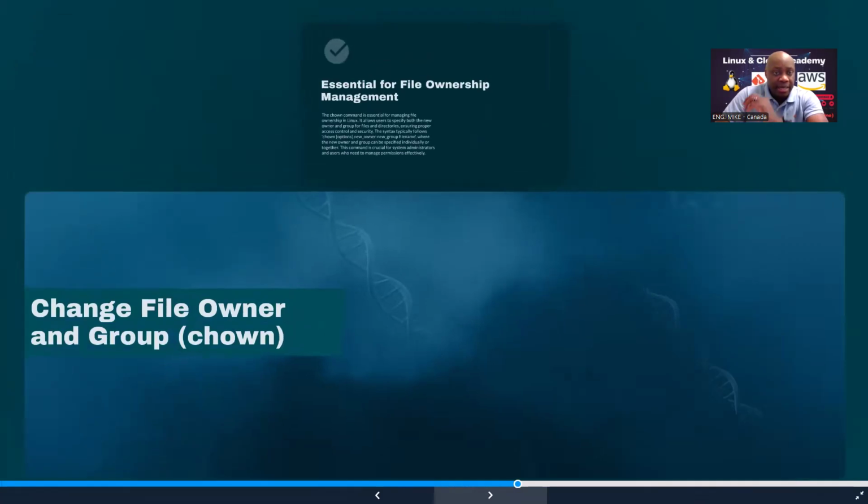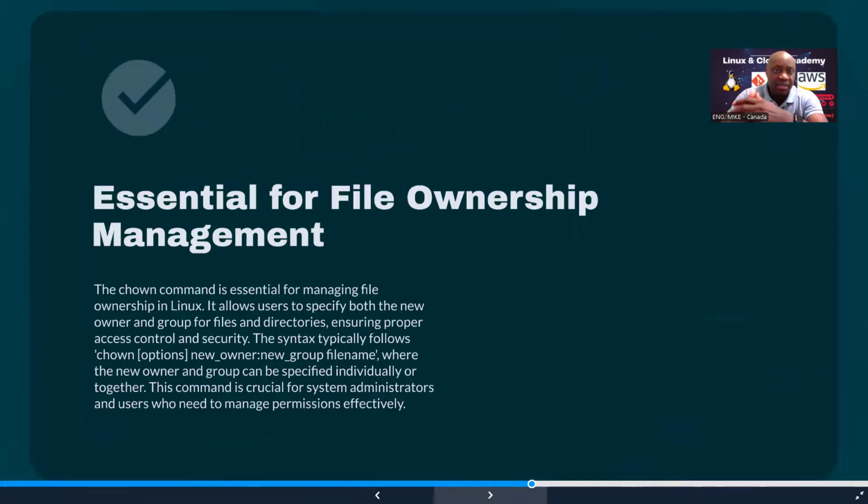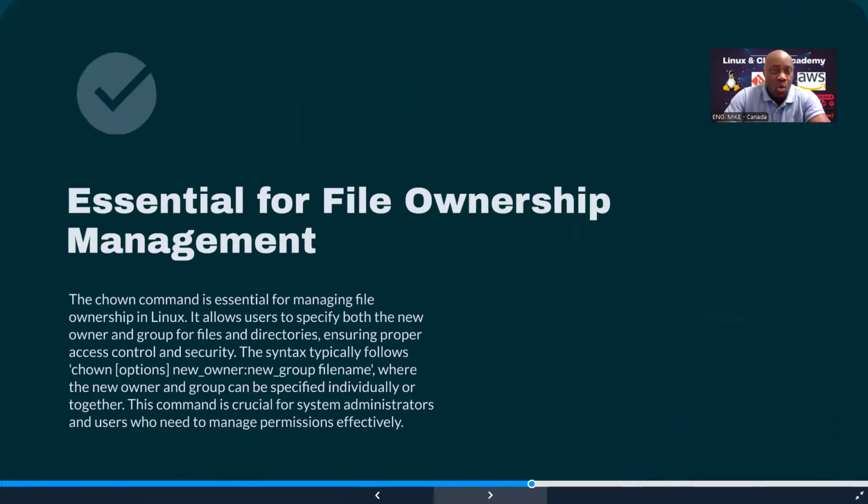Now, change file owner and the group using the chown command. Let's see the chown command. Essential for file ownership management. The chown command is essential for managing file ownership in Linux. It allows users to specify both the new owner and the group for files and directories, ensuring proper access control and security.